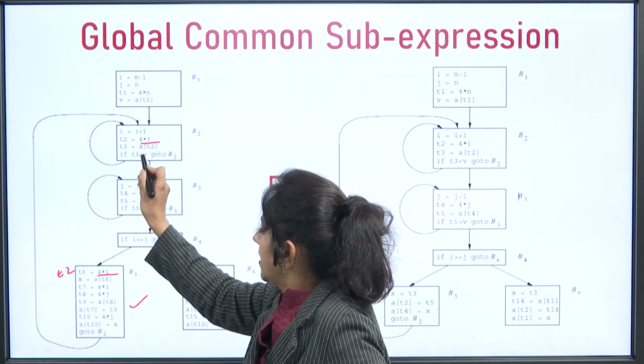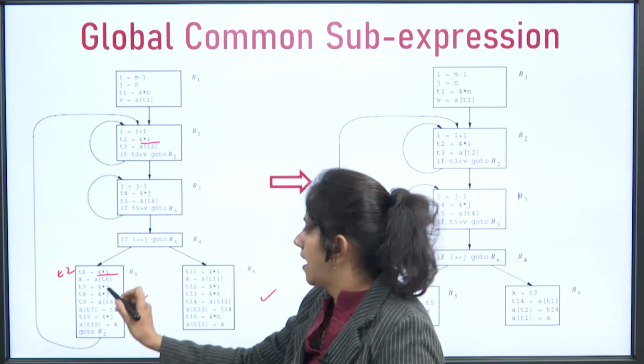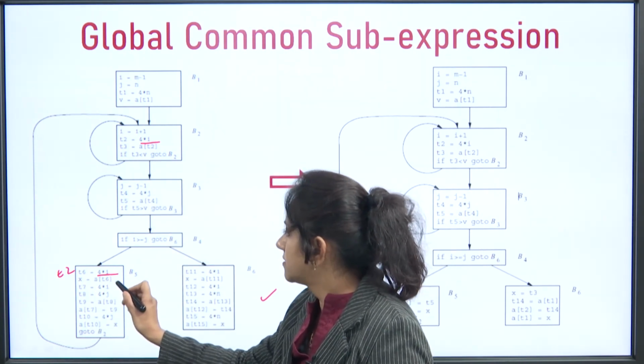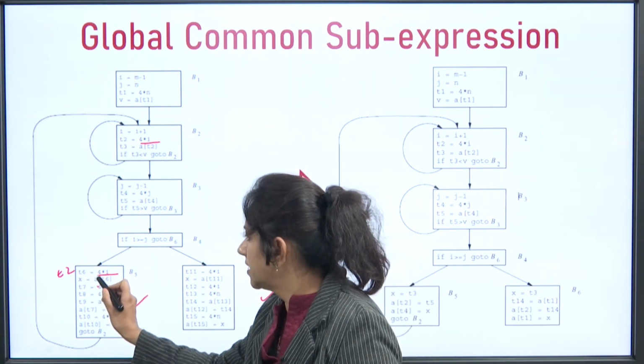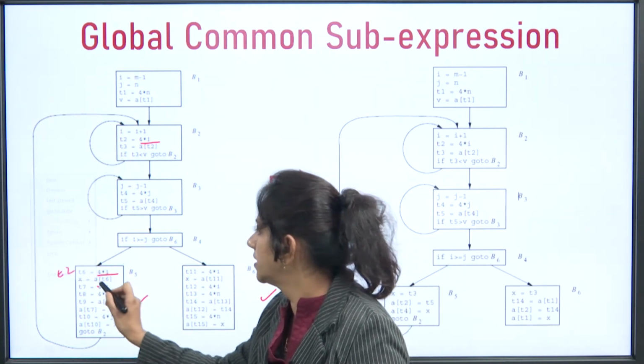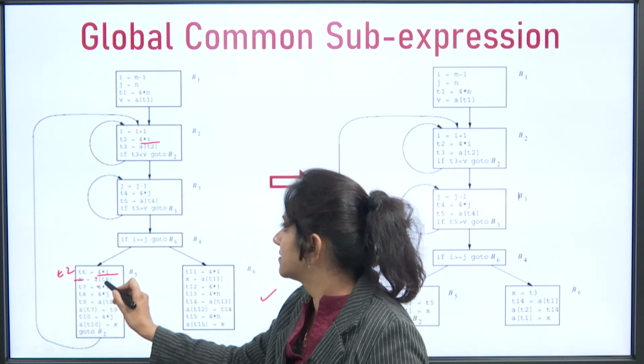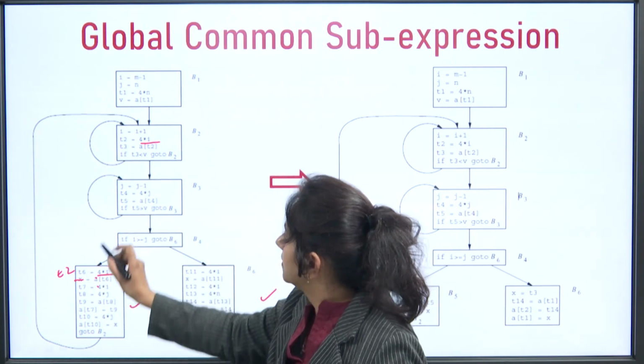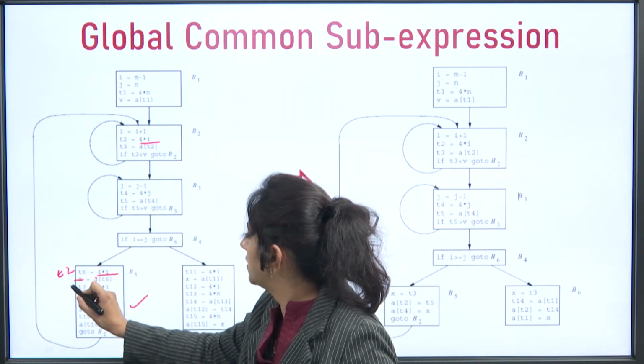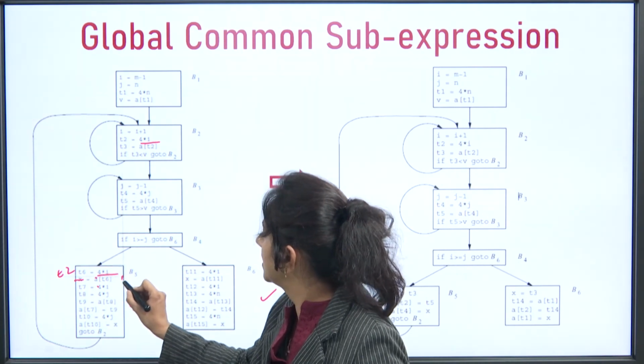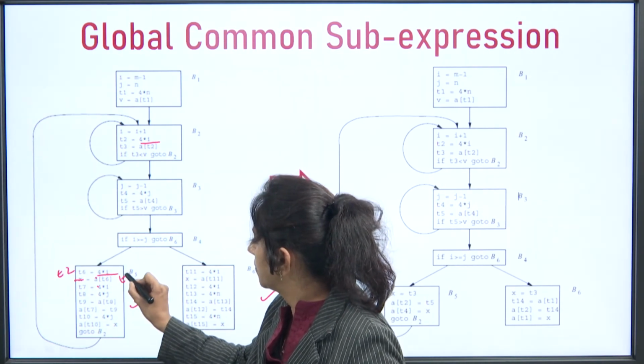Now see, T3 is equal to A at T2 and this is x is equal to A at T6. So there is no need to compute this again. x is nothing but T3 only, right.